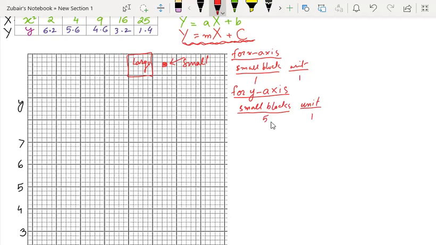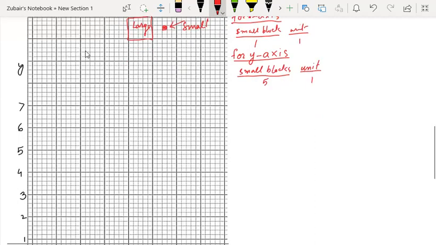Okay. So then we will use the values according to this, and then we will locate the place of the coordinates.